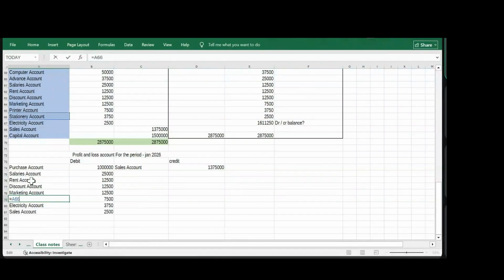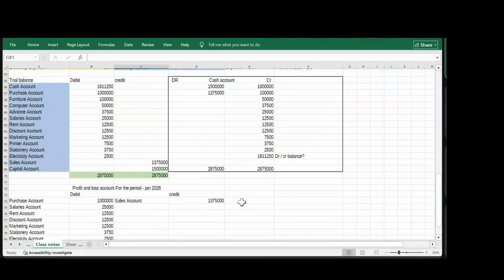Then I've taken stationery. Okay, this is what I've done. Now next, what do we have?